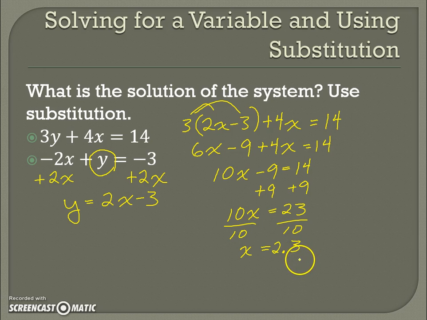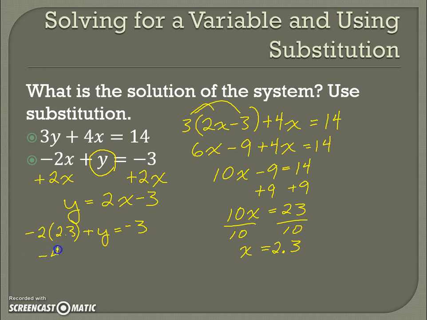Now in order to find my y value, I substitute back in. Be careful, don't use this one. Even though it may look like it's easier to use, just in case you made a mistake, you want to always make sure that you go back and use one of these. So I'll use the second one here. I have negative 2 times 2.3 plus y equals negative 3.